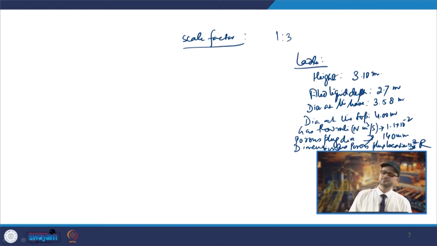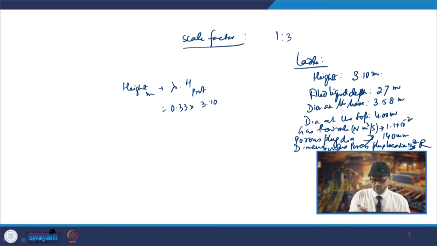The height of the model ladle will be lambda into h prototype, so it will be 0.33 multiplied by 3.10, or one third, which gives about 1.023 meter. Then the diameter at the base of the model will be lambda into the diameter of the prototype at the base.